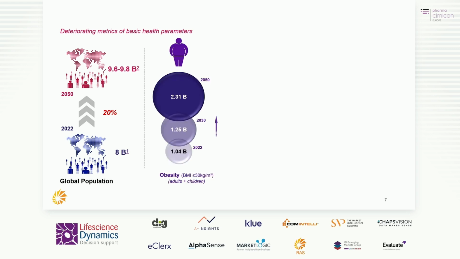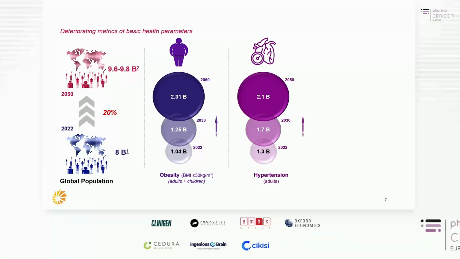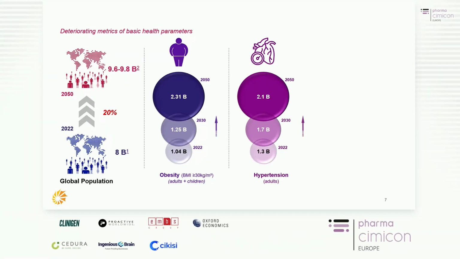Now, when we look at obesity, defined as a BMI greater than 30 kilograms per meter squared, the population is going from about 1 billion today to about 2.3 billion. Perhaps the number is even going to be higher if you look at some other estimates too. If you look at hypertension, defined as systolic blood pressure of greater than 130 millimeters of mercury, the number goes approximately the same, about 1.3 to 2+ billion people.